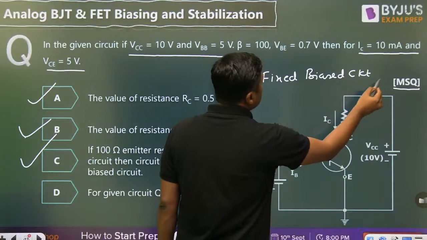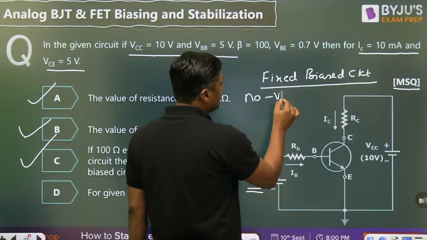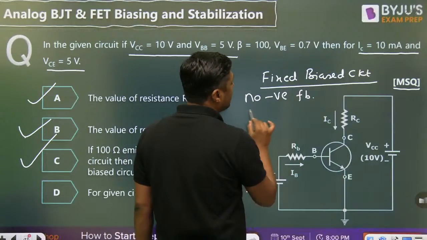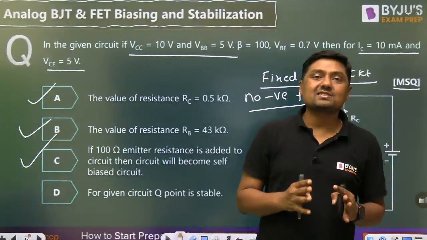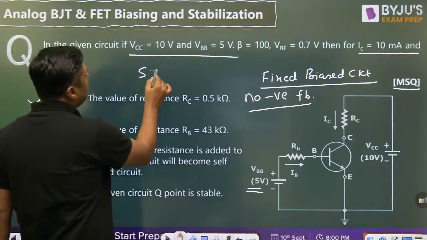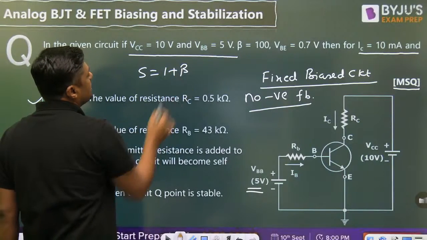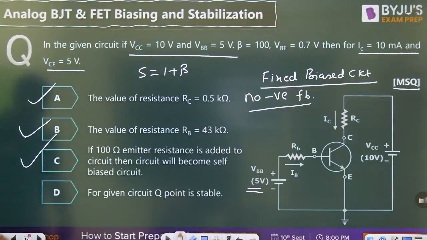When this is a fixed bias circuit, when there is no RE, no negative feedback. What will be the stability factor S? 1 plus beta. The stability factor for this diagram will become 1 plus beta. The Q point is highly unstable. And that's why this statement is wrong.